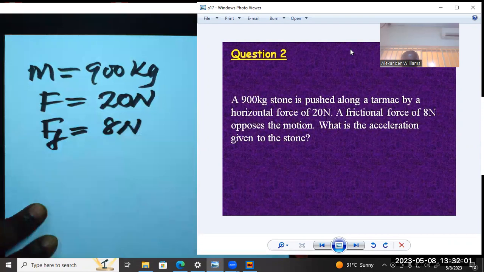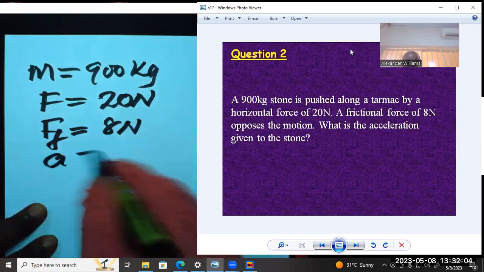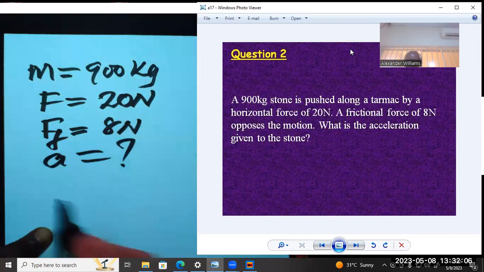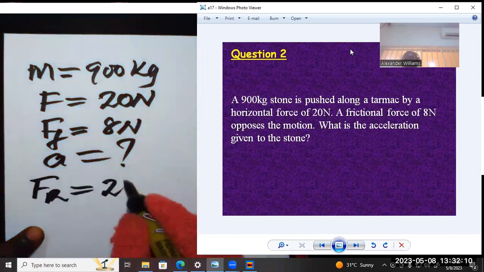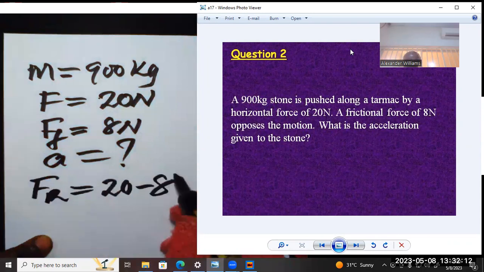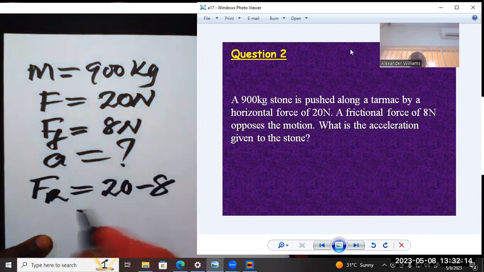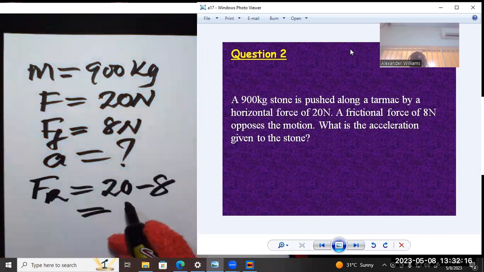We are asked to find the acceleration. In this situation, the resultant force will be 20 minus 8, which will give us 12 Newton.